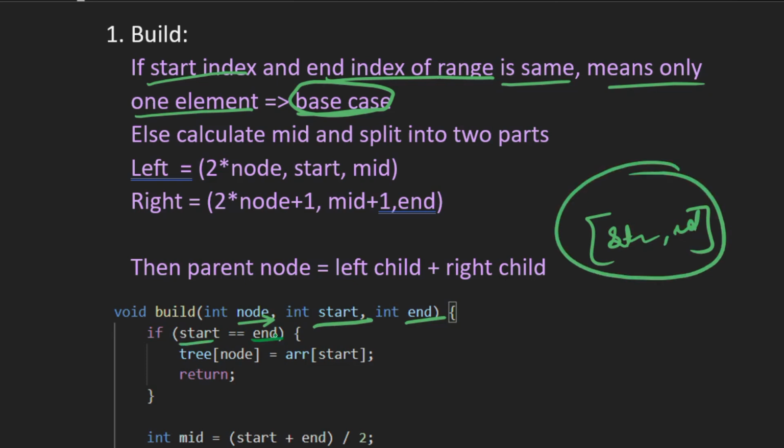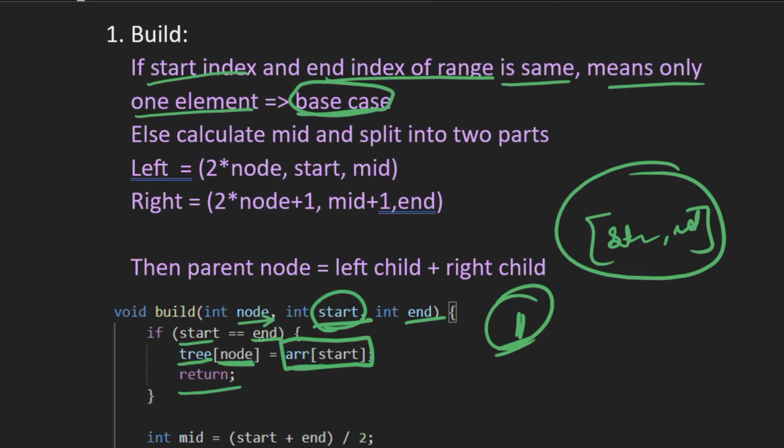If start is equal to end, that means only one element is in that range, so that is the base case. Then tree at node, the index, is equal to the array at the starting index of the range.